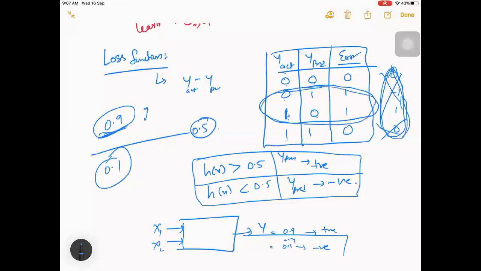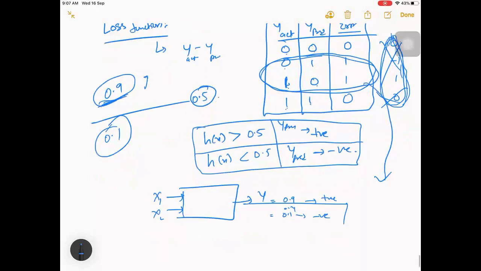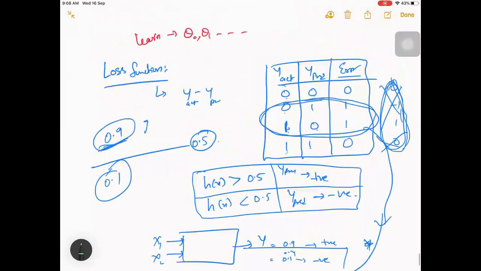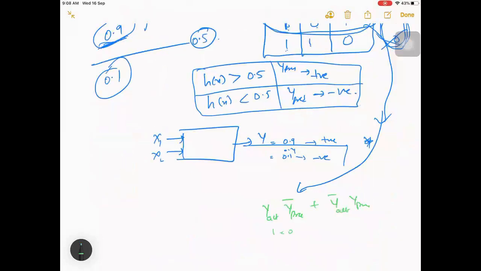If you take the truth table, Y actual into Y prediction bar, plus Y actual bar into Y prediction. So this is the truth table for this. When it is 0, this is 1. So this is 1, this is 0, plus this is 0, this is 1. We have added these two cases here.